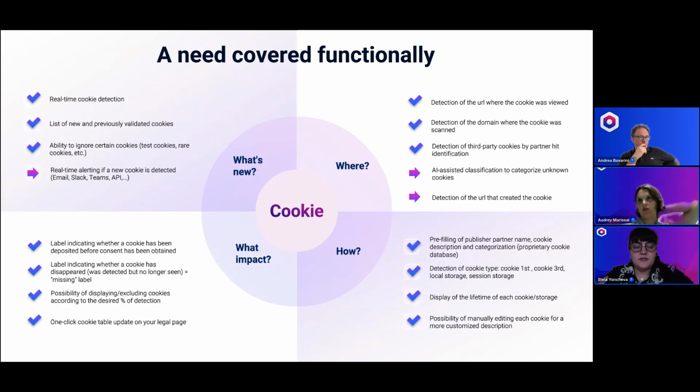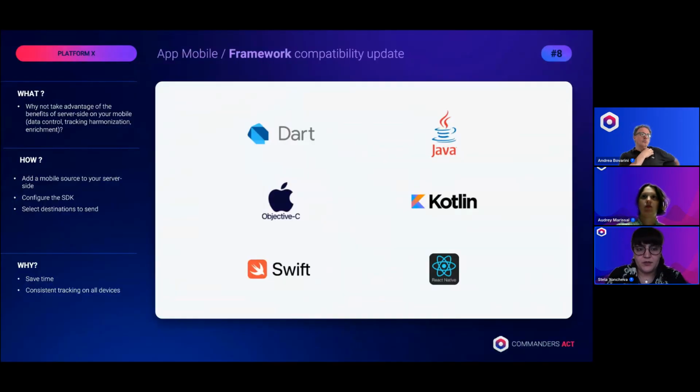We have labels indicating where a cookie has disappeared, if it's missing or has no longer been seen. We have the possibility of displaying or excluding cookies. And then we have, as we also said, a one-click table that you can implement on your website and that can be updated. So this was with the cookies.